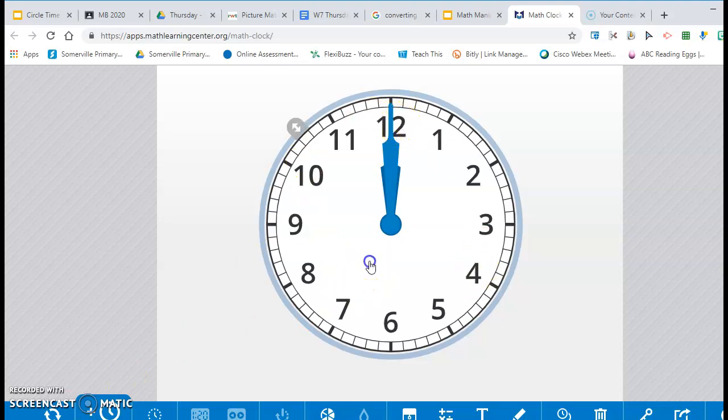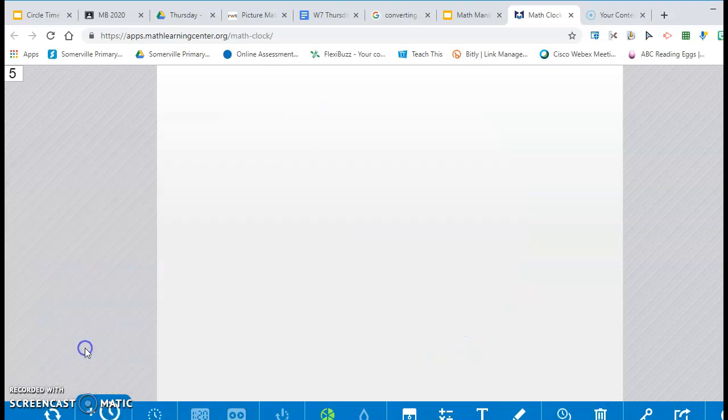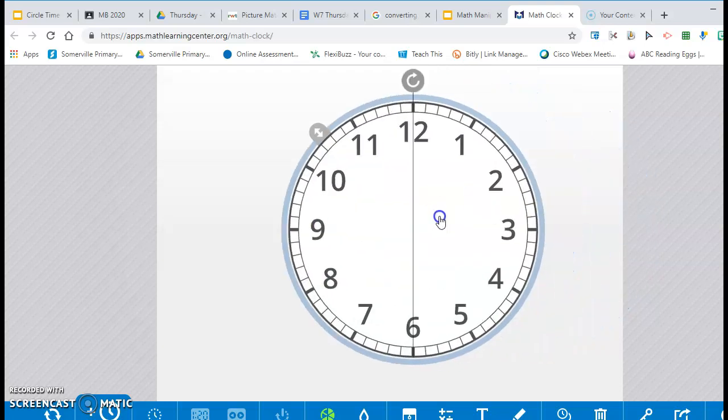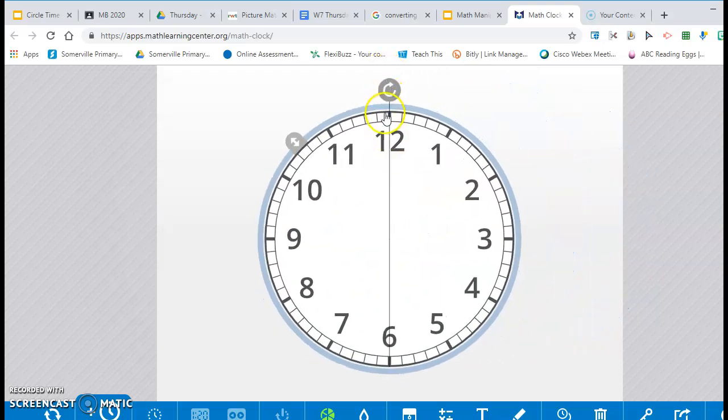We're now going to have a look at half past, and I'm going to use a fraction clock for this. You can see I have got a line straight down the middle of my clock, and this represents half past. So you can see that we are halfway around the clock. Another way to remember is that our full hour is 60 minutes.